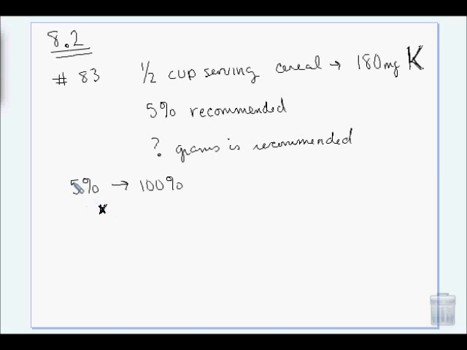Nope, if I multiply by 100, I get 500. Oh, by 10. If I multiply by 10, I get 50. Yeah, I'm going to multiply by 20. So to get from 5% to 100%, I'm going to multiply by 20, which means I'm going to multiply this by 20 as well to get the 100% of the daily recommended allowance.